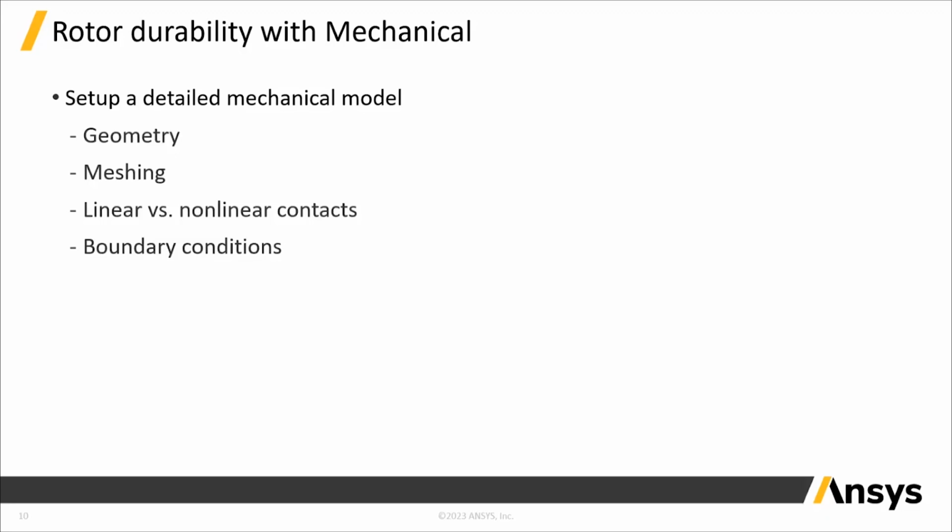The third goal is to do some type of optimization and find a structurally minimum stress based on the parameters we choose. To do this study, first we import geometry, do some meshing settings to refine the mesh, and then we compare two types of contacts, linear versus nonlinear, apply boundary conditions and look at different factors that affect the results.